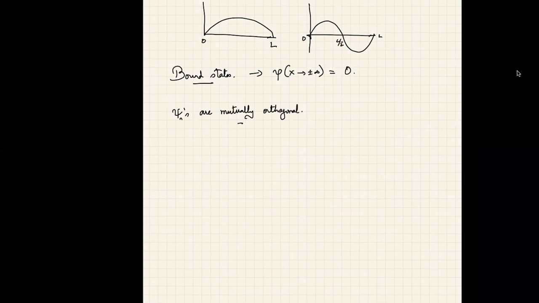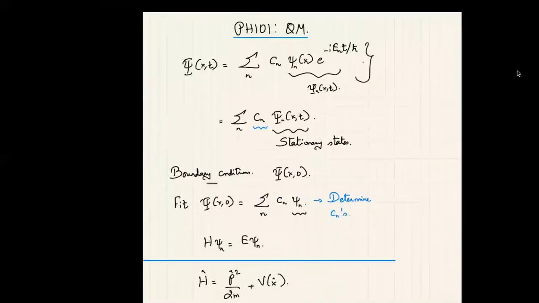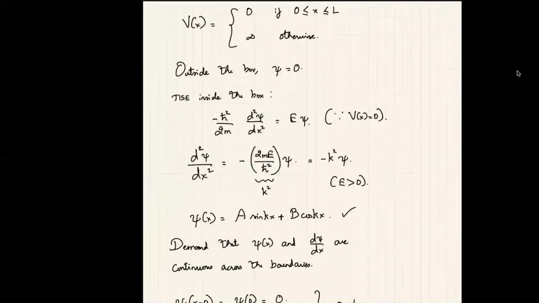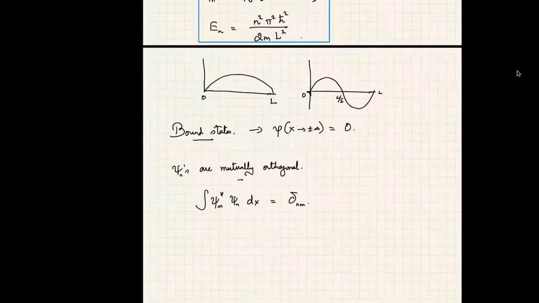So this means that integral psi m star psi n dx equals delta nm. We'll try to understand what this means. This is a very important property, and this property is what tells you how I can determine an infinite number of Cn's even though I have only one boundary condition. So what is this property?